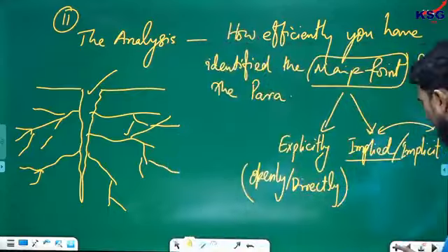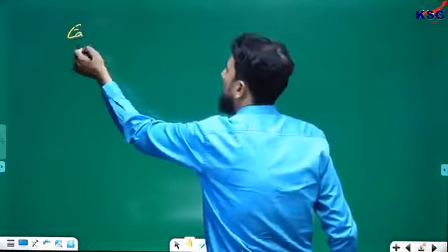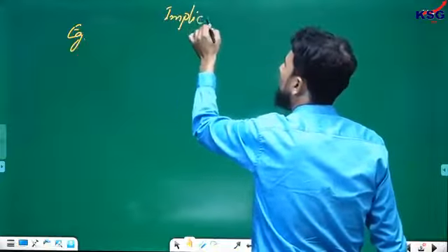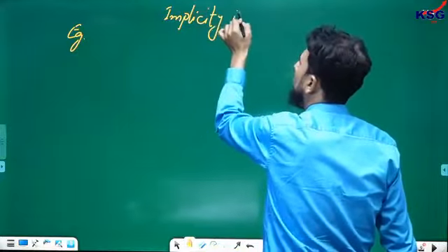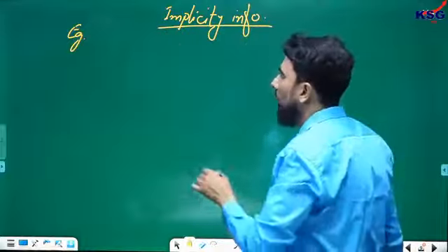After that, we will go to the question. So first thing, let's say, take an example to understand what is an implicit piece of information. Implicit info.